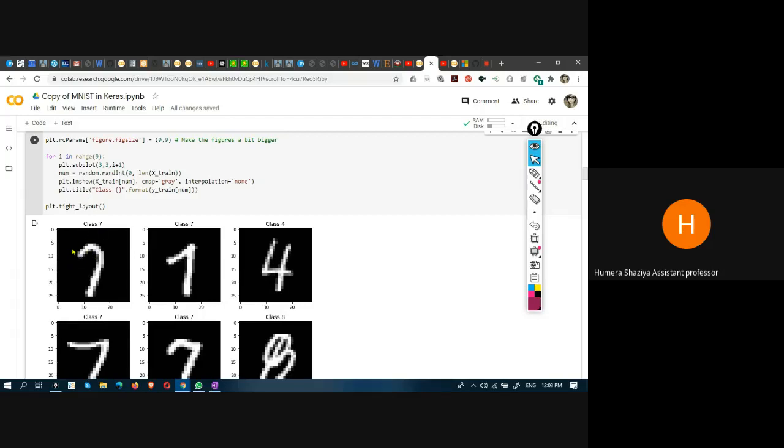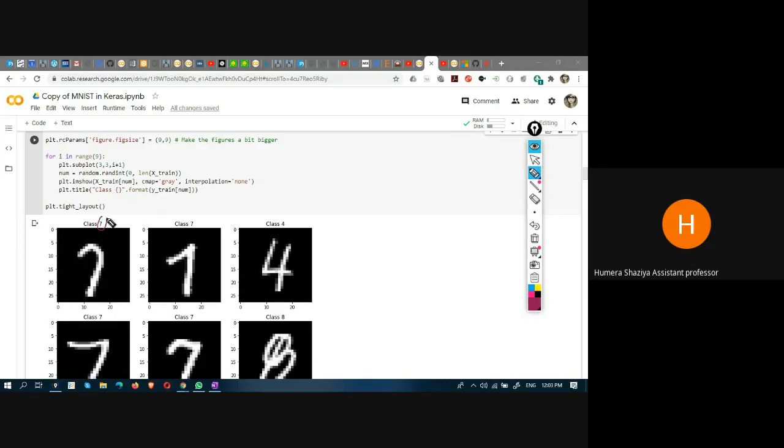So from where do you get it? You get it from y underscore train. In our data set, we have x underscore train, y underscore train. X train is this image and y train is this class.